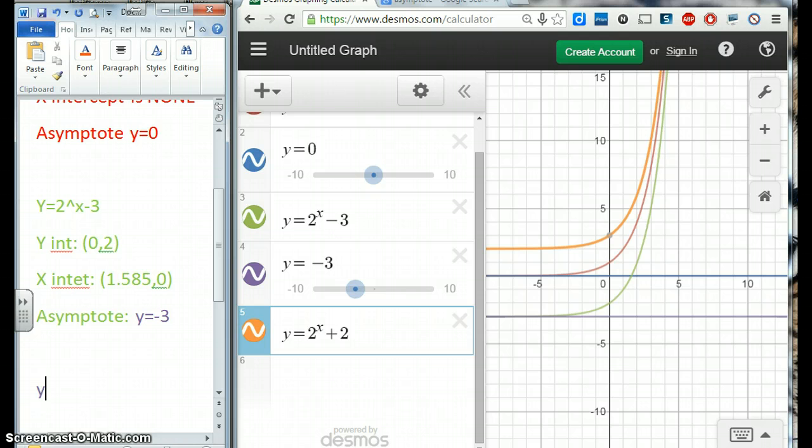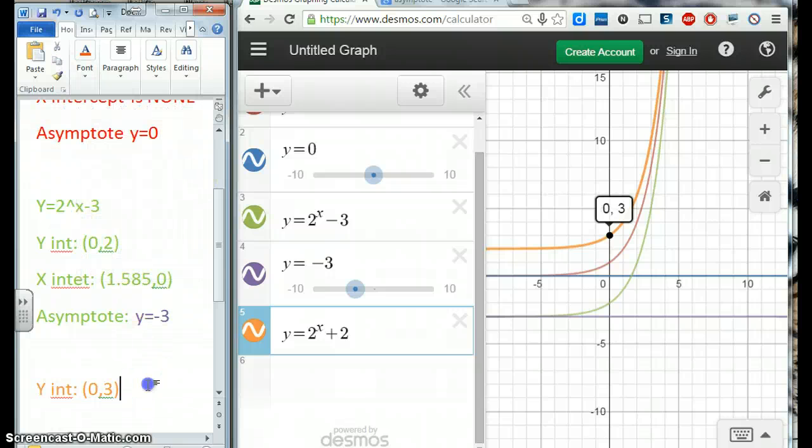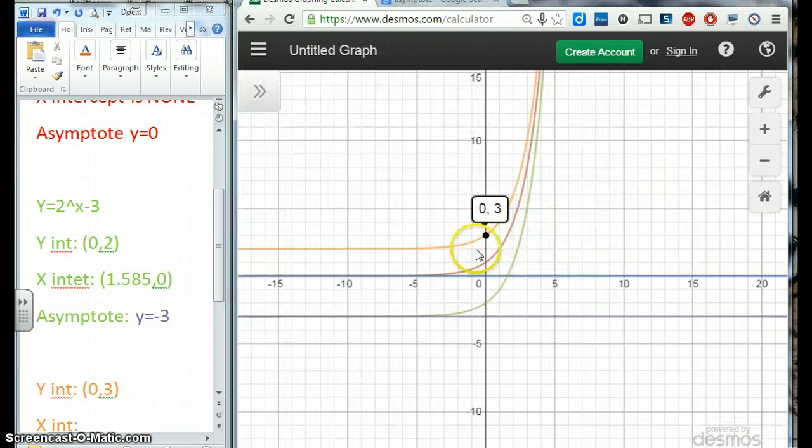So for this one, I'm going to use my orange, and the y-intercept is (0, 3). Okay, and the x-intercept is, it doesn't hit the x-axis.